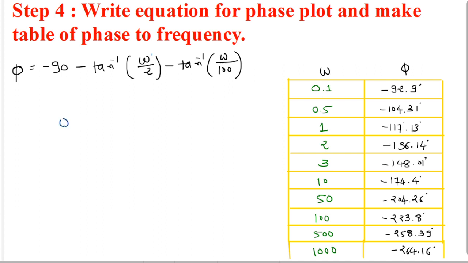If I put omega equal to 0.1 in this formula, you get phi equal to minus 92.9 degrees. You can choose any value up to 1000. Then put all the values step by step in the calculator in this formula, and you get the phase angle. That is our fourth step.